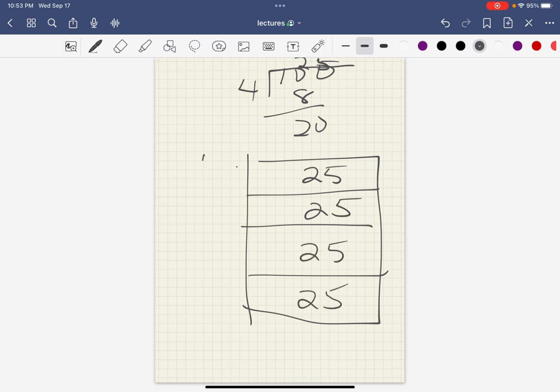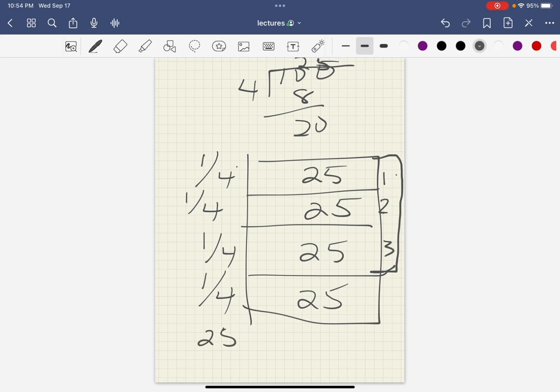And each one of these is 1/4. And this one wants to know how much is 3/4 of 100. So there's these three. Each one is a fourth. So 1/4, 2/4, 3/4 would be 25 times 3, which is 75.